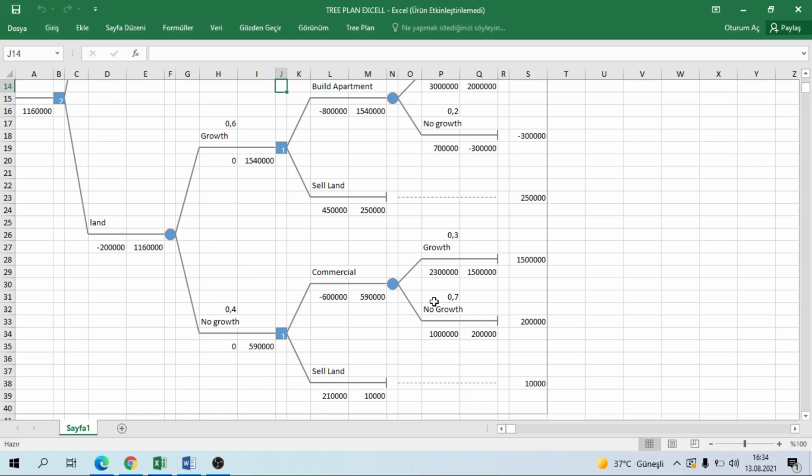When she or he buys land and uses it commercially, the result according to the third node is shown. The cost of buying land and building an apartment in the third of 4 nodes should be chosen in the decision stage, because it has a high value in terms of probability and it will cost less.